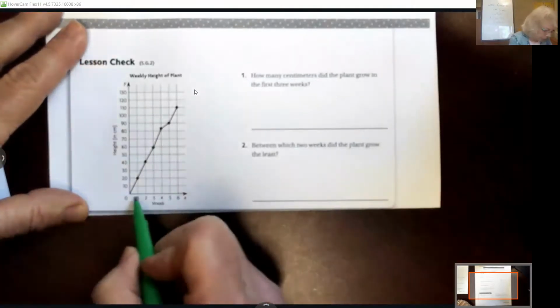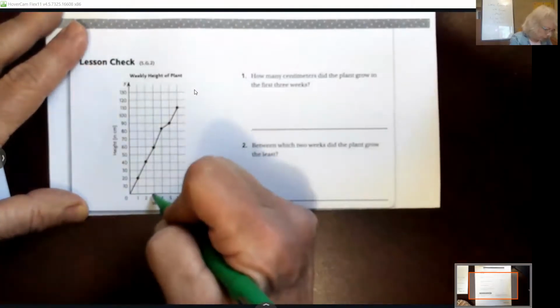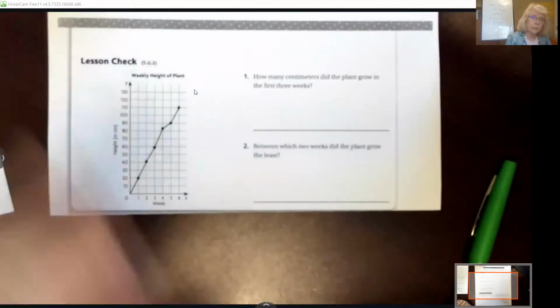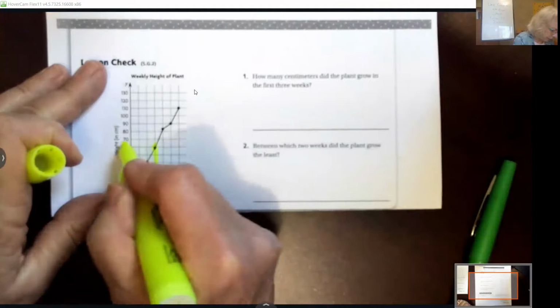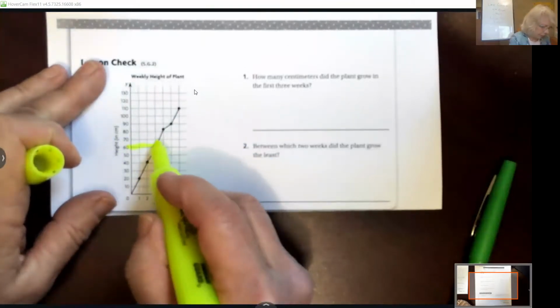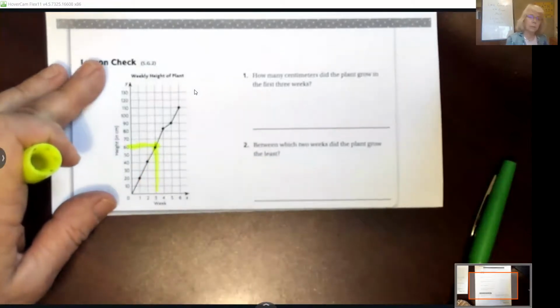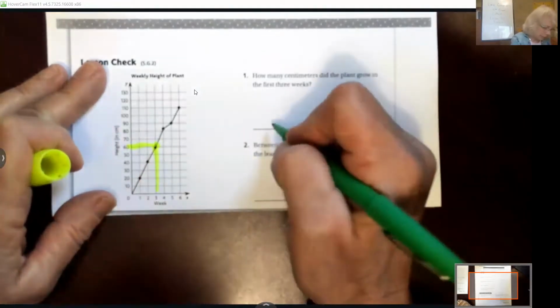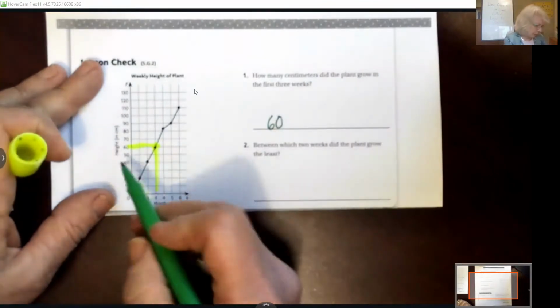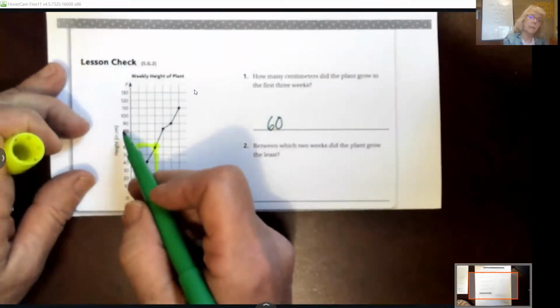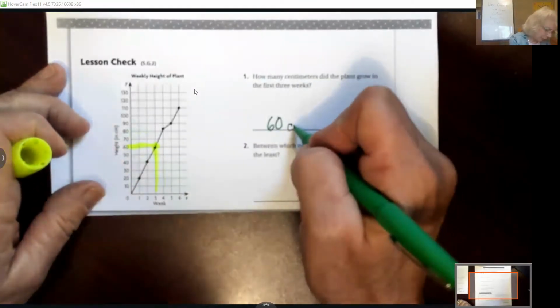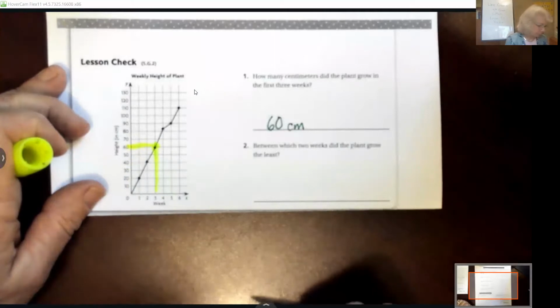We're going to go over to 3 weeks, and go up the line to see how much the height was at 3 weeks. It's that point, and it goes over to the 60, so the height is 60. Now 60 what? If you could read it, the height is in centimeters. So we're going to put 60 centimeters there.